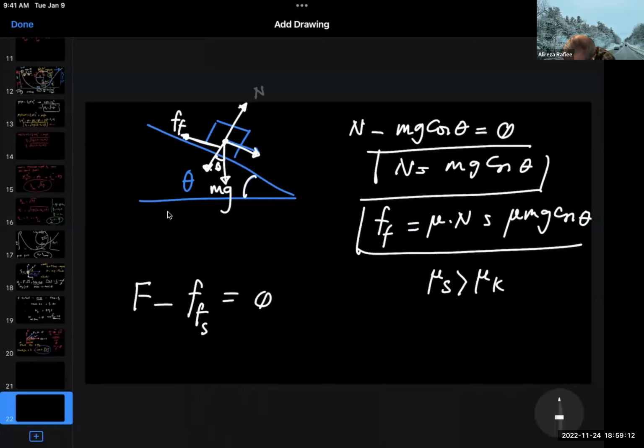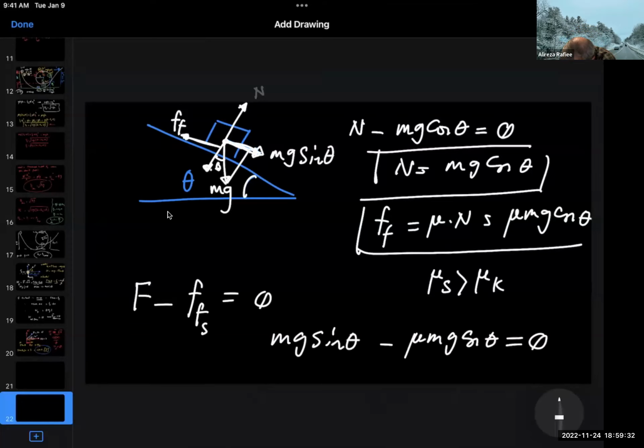Okay, now how much is this downward component? The downward component is mg sine of theta. So mg sine of theta minus mu mg cosine of theta. If it's equal to 0, then it starts moving right away.